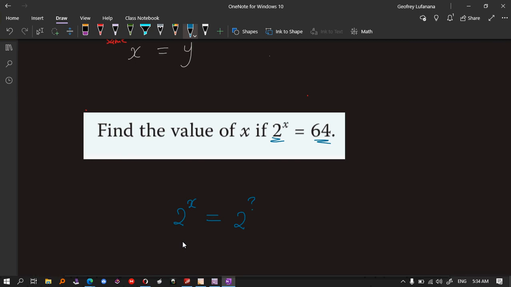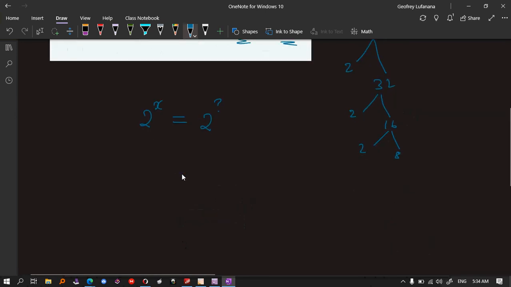You can quickly do some prime factorization or use your calculator to find out what 64 is in the base 2. So I would say 2, then this would be 32, then 16, then 8, and if I continue dividing by 2, this would be 4, then 2, and 2.